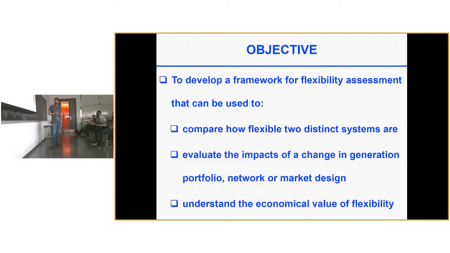And so if we can do that, then we can say, oh, system A, if we add this resource, how does this change the flexibility? And we also want to be able to say, what's the economical value of flexibility? How much does it cost to provide it? So these are the goals that we would like to achieve with a flexibility metric.